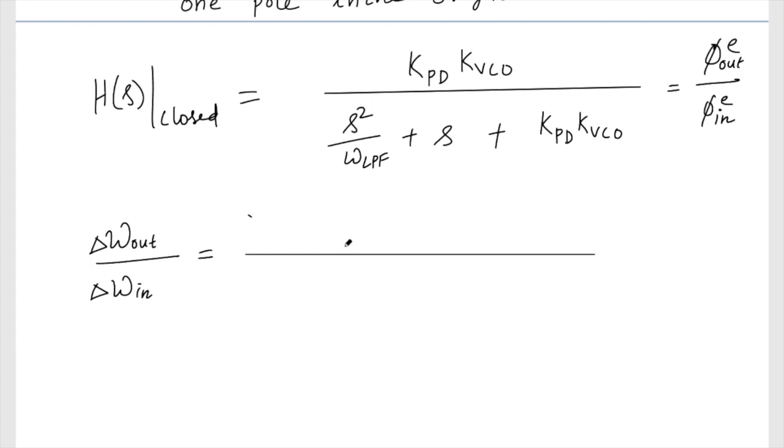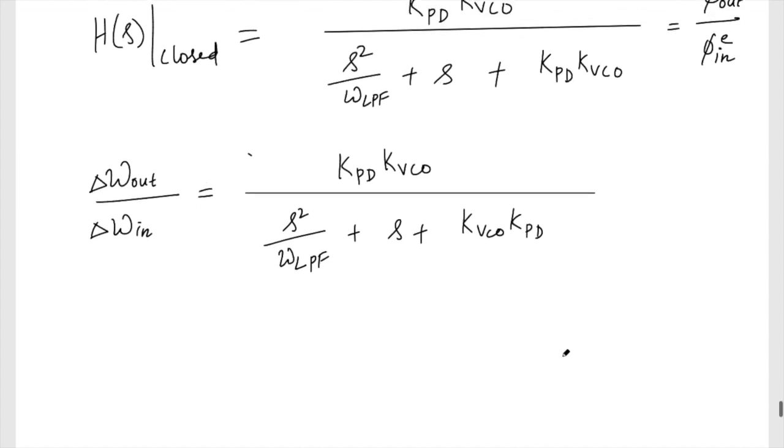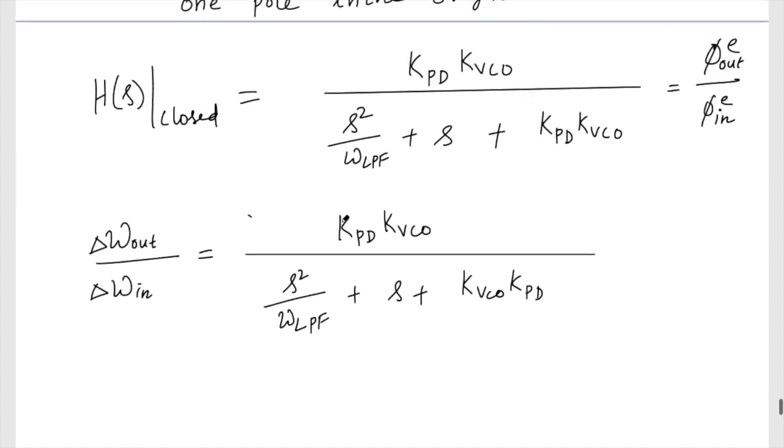We can write the same thing here: KPD KVCO over S square by omega LPF plus S plus KVCO KPD.